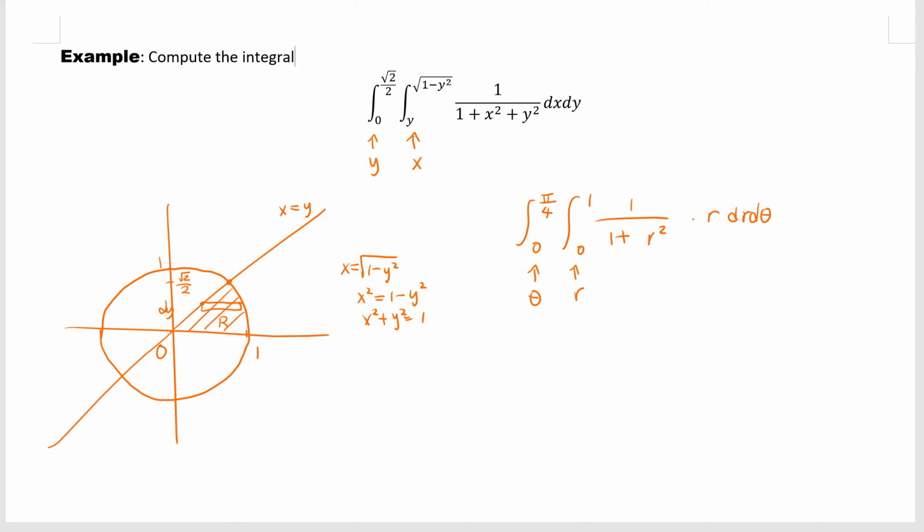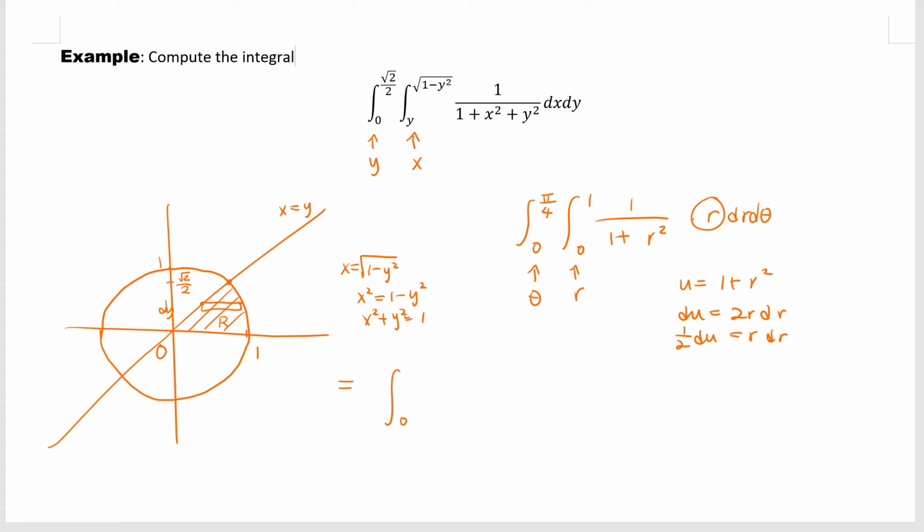So that's why when you see circles, writing the integral in polar coordinates can make it much easier. And furthermore, because of the r, we can do u substitution, because we can let u be the denominator, and then du will be 2r dr. So r dr is 1/2 du.